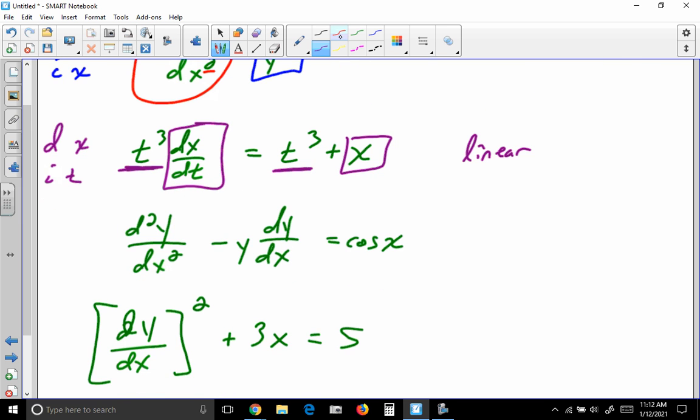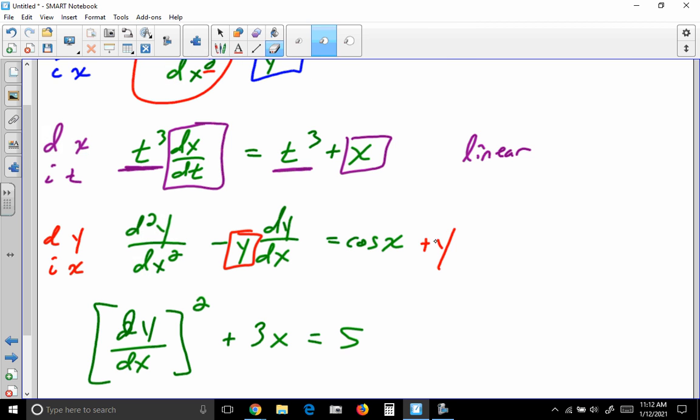Third one, our dependent variable is y, our independent variable is x. So do we have a coefficient of y? Yes, we do. We have a derivative here and a coefficient of y in the same term. If this y was over here by itself and not in the same term as the differential, then that would be okay.